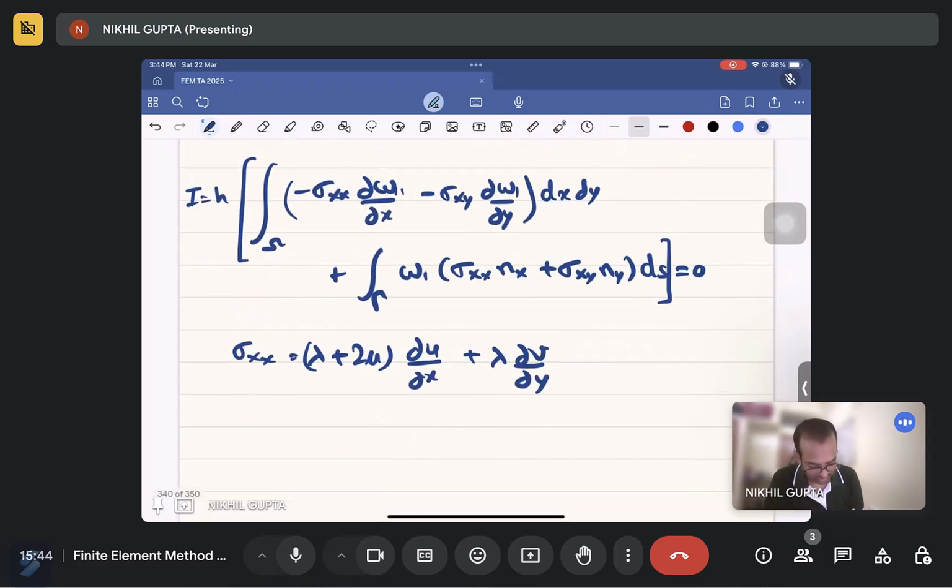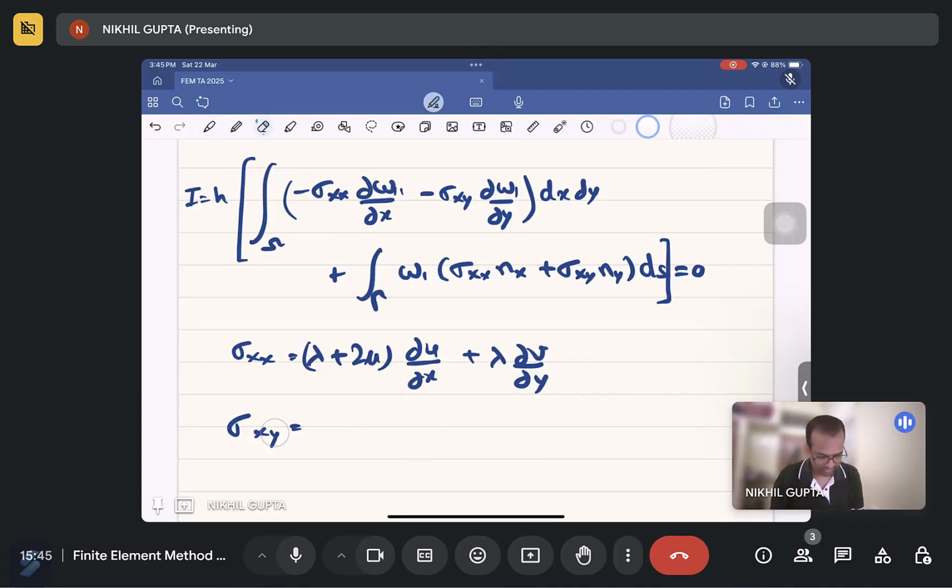This is the basic equation of stress in terms of displacement with the Lame constants.